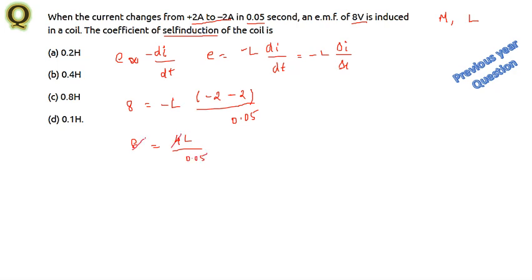This one you can cancel 2 times. So from this, L equals 0.05 into 2, which is only 1. So 0.05 into 1, you can mention here 0.1 Henry. So answer in this case.